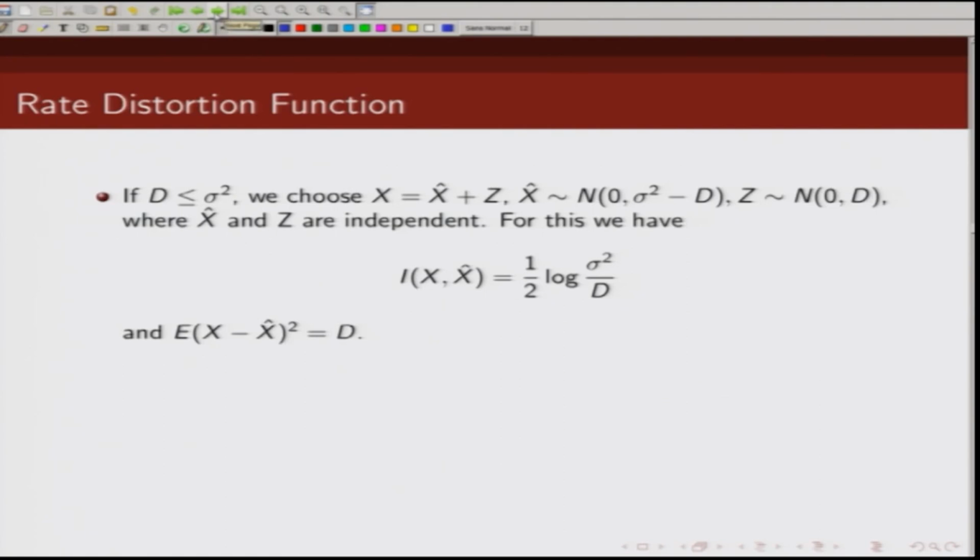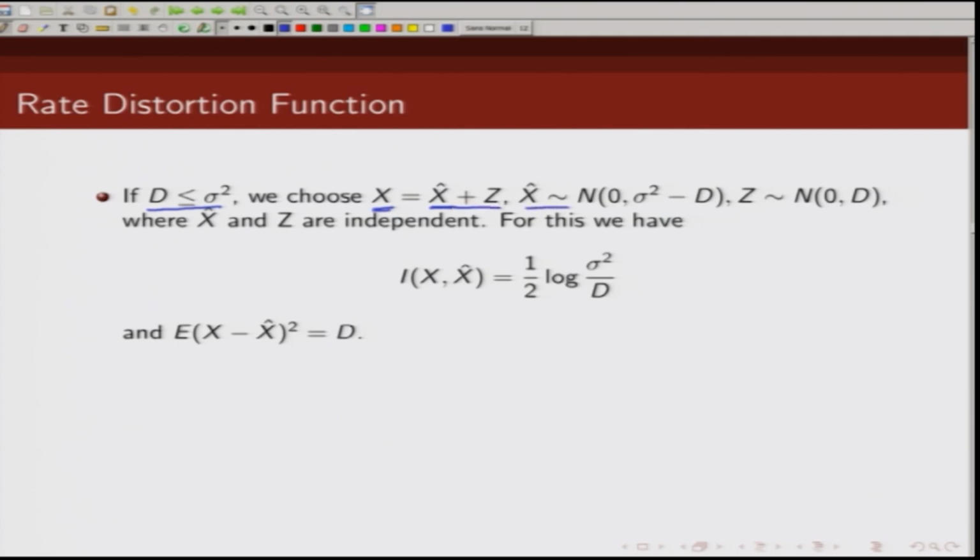Now, we are going to show that this lower bound is achievable. So, if d is less than sigma square, we choose x to be x hat plus z. And what is x hat?